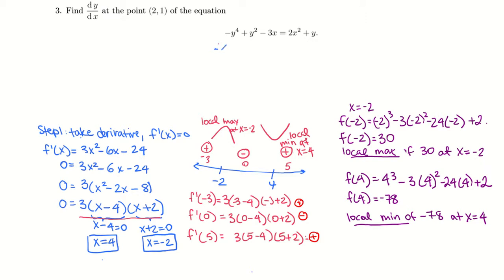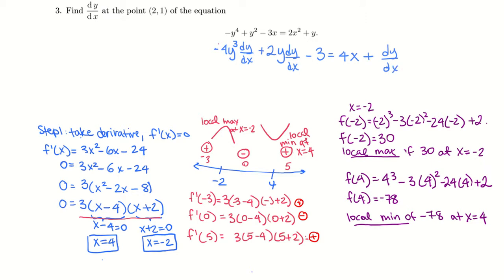So that would be negative 4 y to the third dy dx plus 2y dy dx minus 3 equals 4x plus the derivative of y is just dy dx.